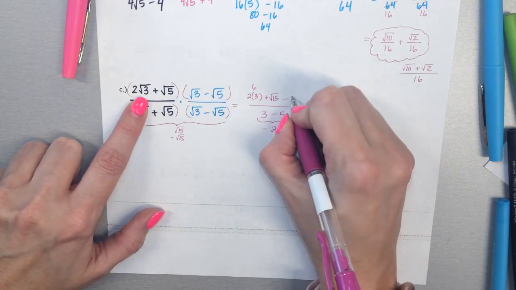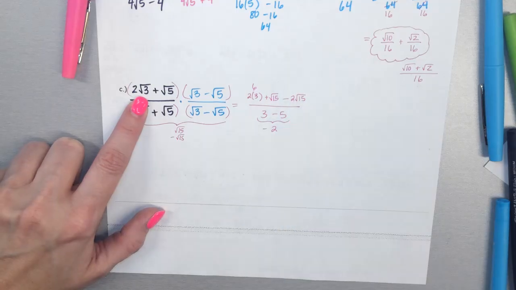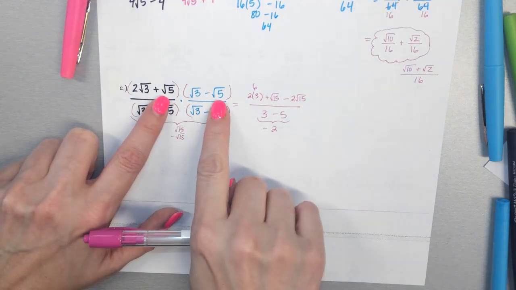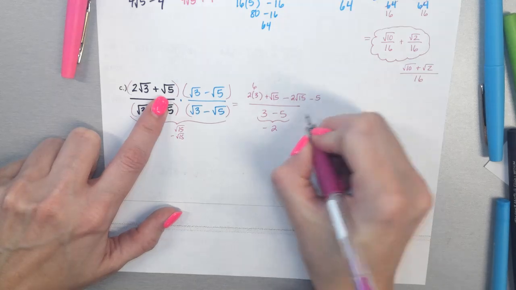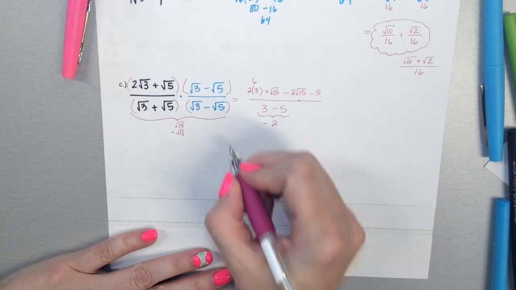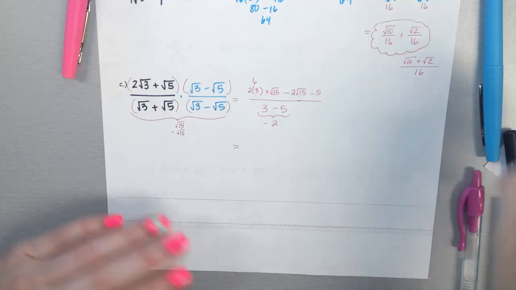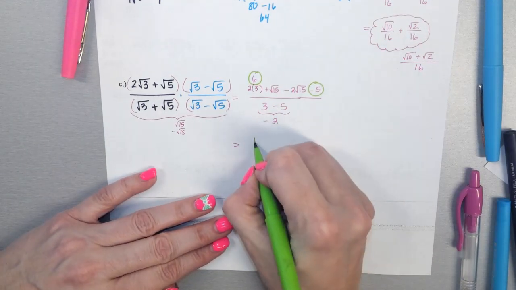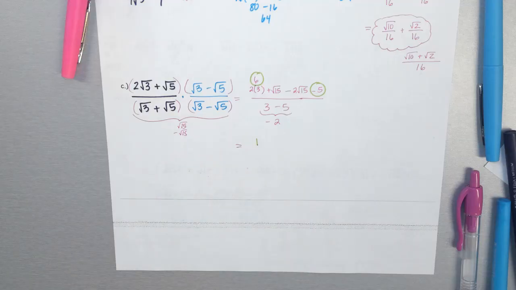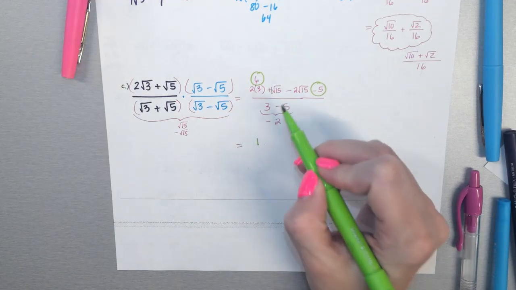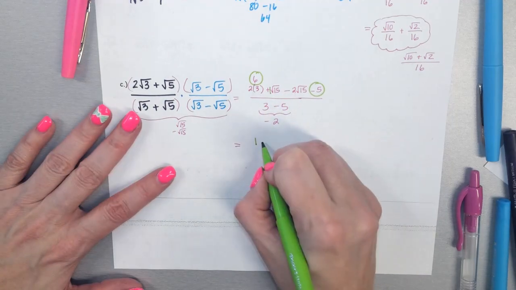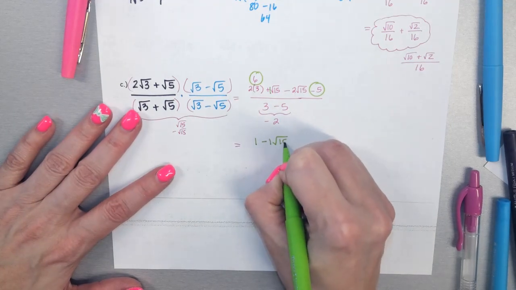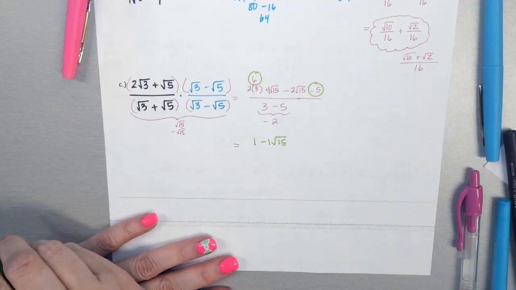So I have negative 2 root 15. And then here I have minus 5. Okay, so when I combine my like terms, I have 6 minus 5. That's going to give me 1. I remember there's a 1 in front of root 15, so 1 minus 2 is negative 1 root 15. I'm going to change that in a second.